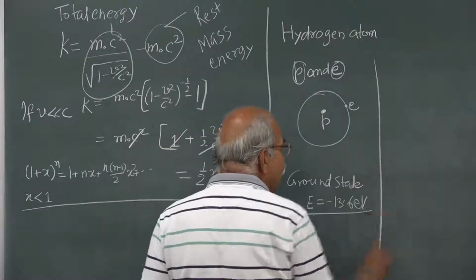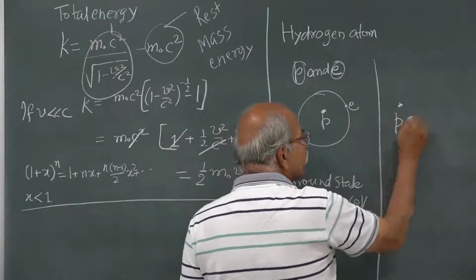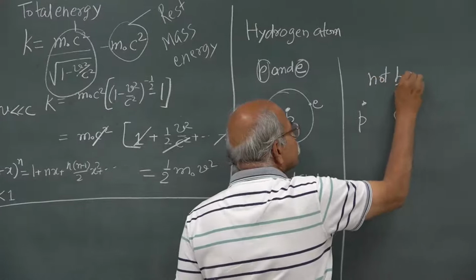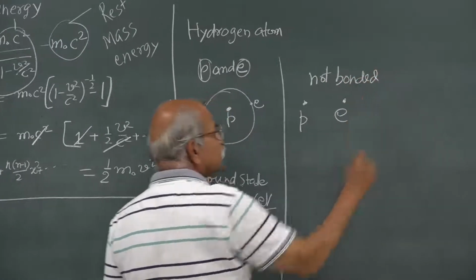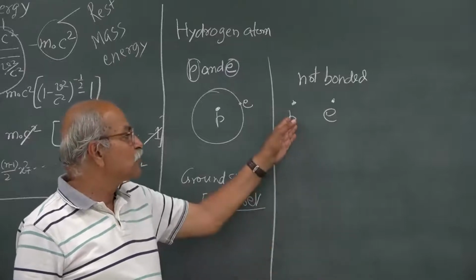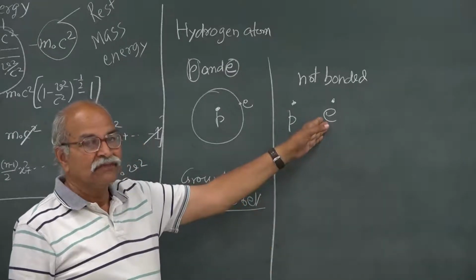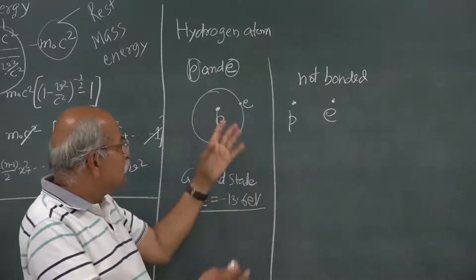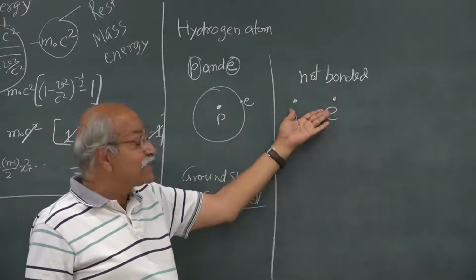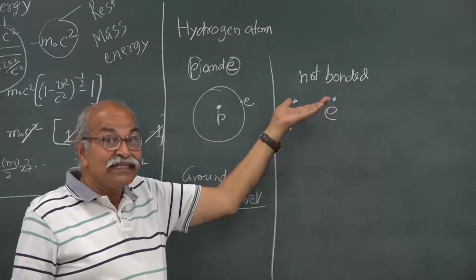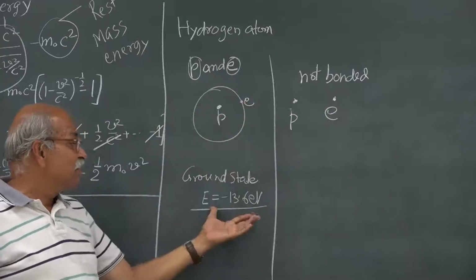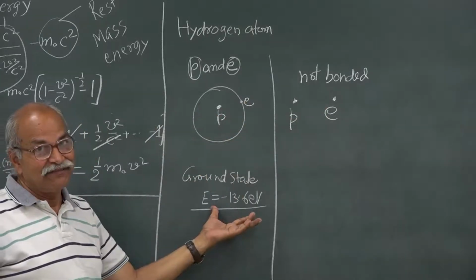So if you have a proton and an electron which is not bonded, no bonding, this is a combination of proton and electron, but when they are bound it becomes a hydrogen atom. Now, compared to this energy, if you call this energy 0, then this energy is minus 13.6 eV.